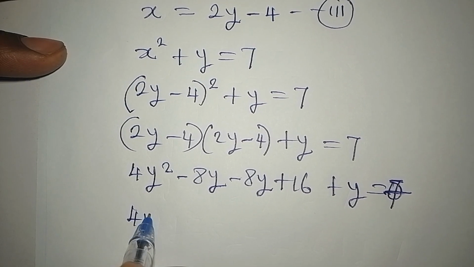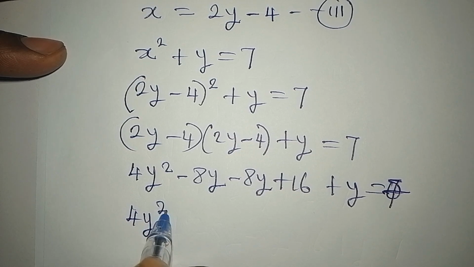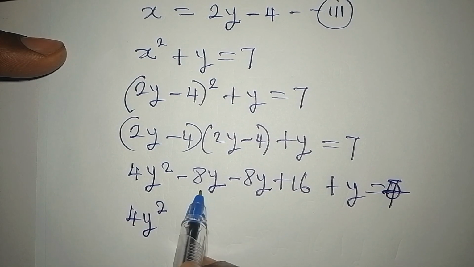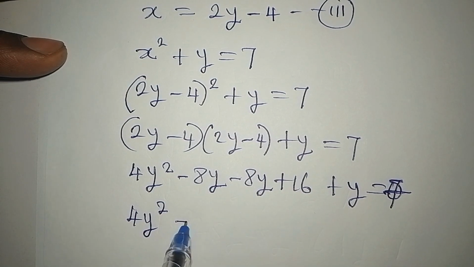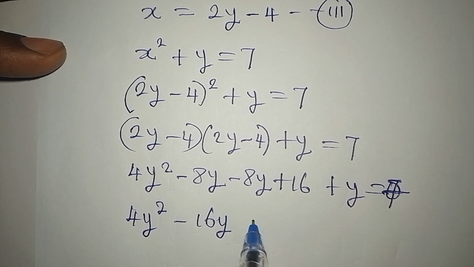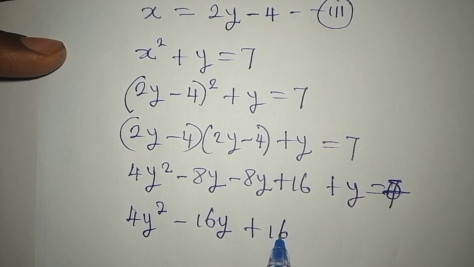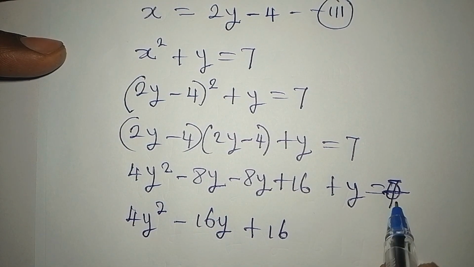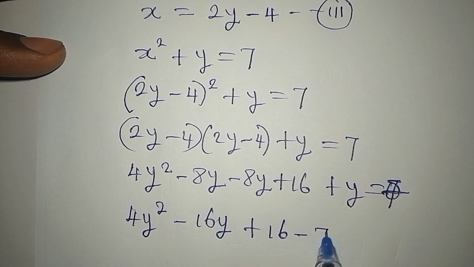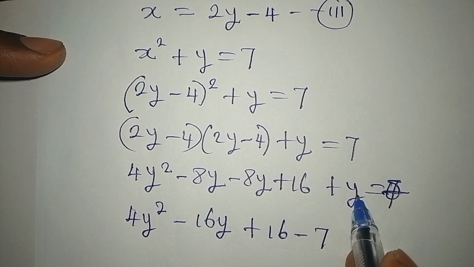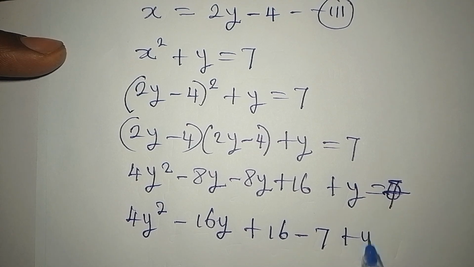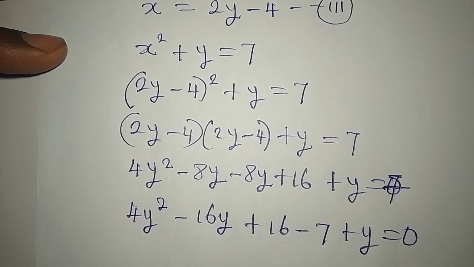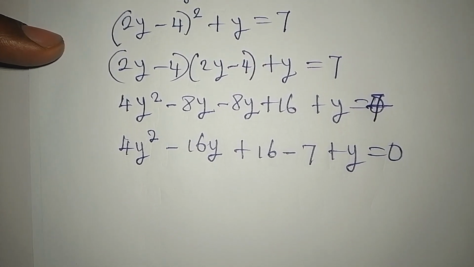So we get 4y squared, right? Then minus 8y minus 8y will give us minus 16y. We already have plus 16, right? And I will bring the 7 here, so it becomes 16 minus 7. I have not used this plus y, and everything is now 0 because nothing is on the right anymore.